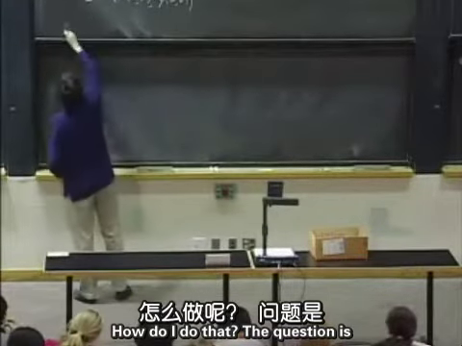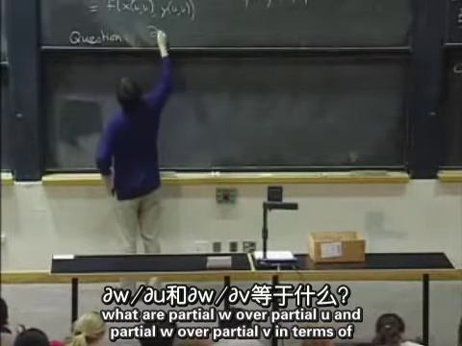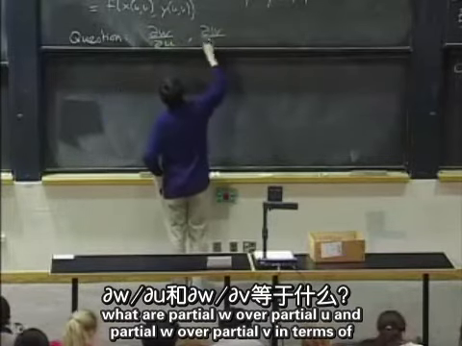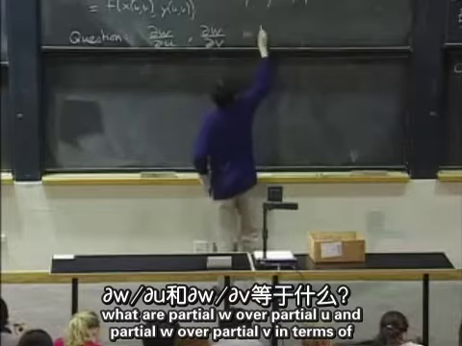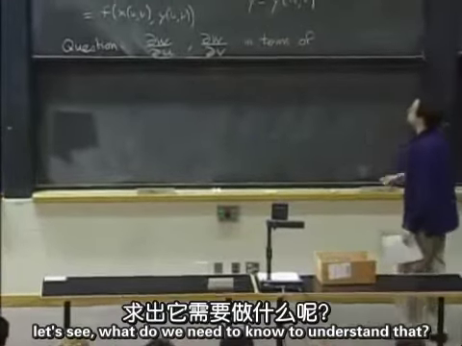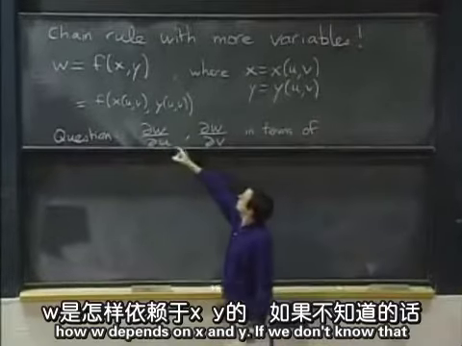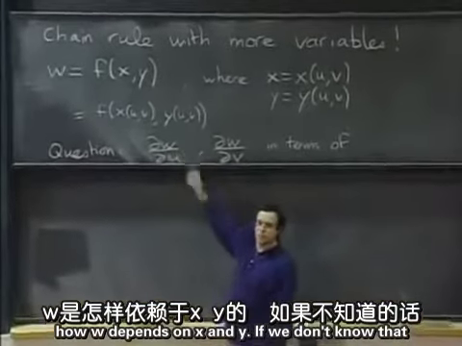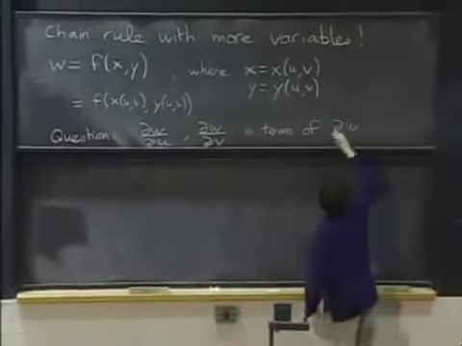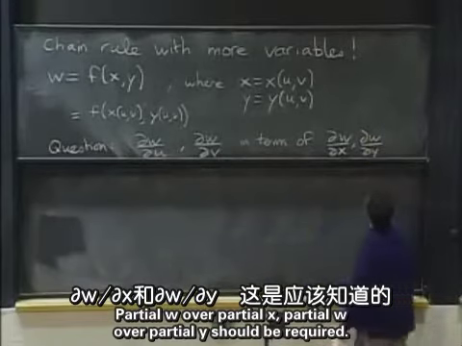So the question is, what are partial W over partial U and partial W over partial V in terms of, so let's see, what do we need to know in order to understand that? Well, probably we should know how W depends on x and y. If we don't know that, then we're probably toast. Okay, so partial W, partial x, partial W, partial y should be required.